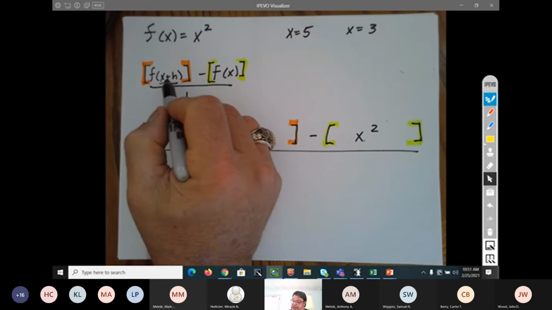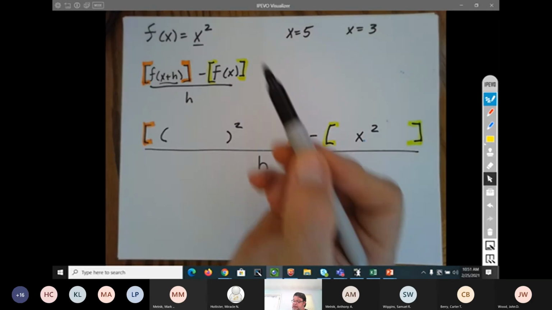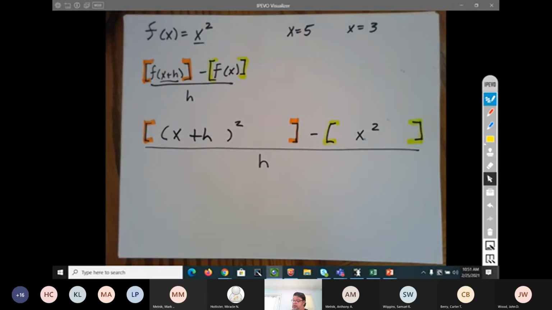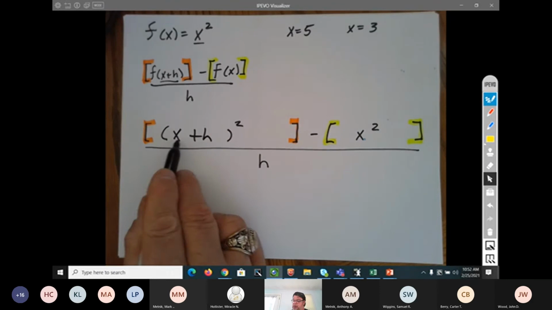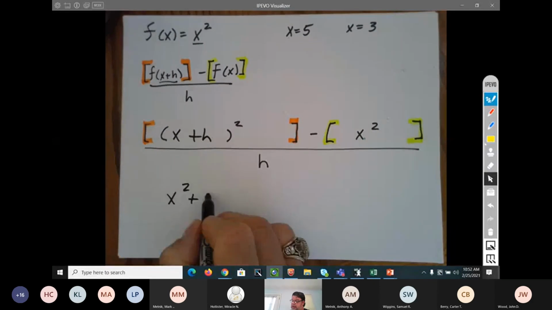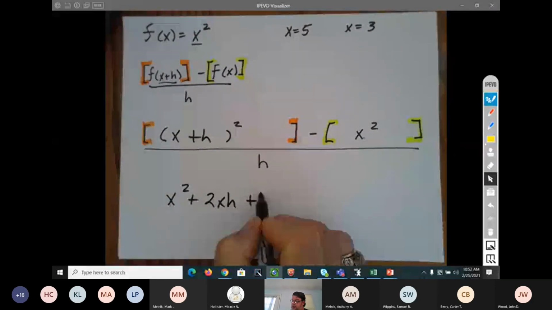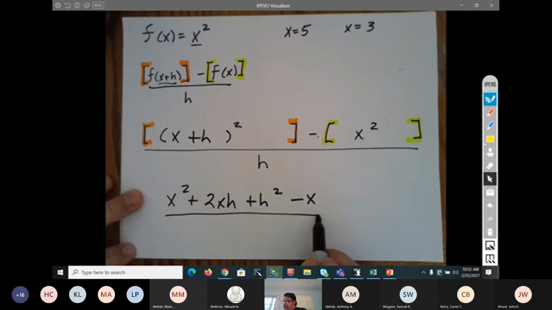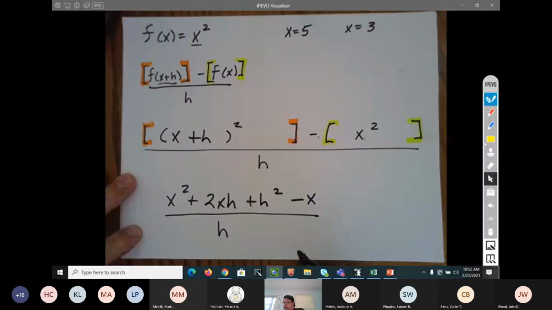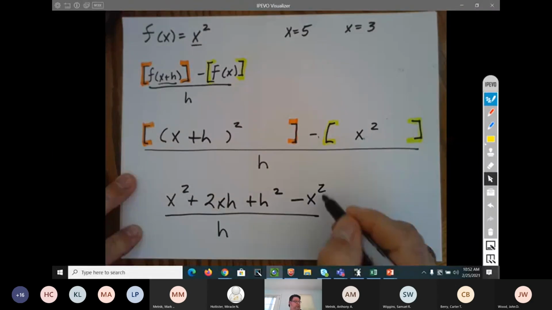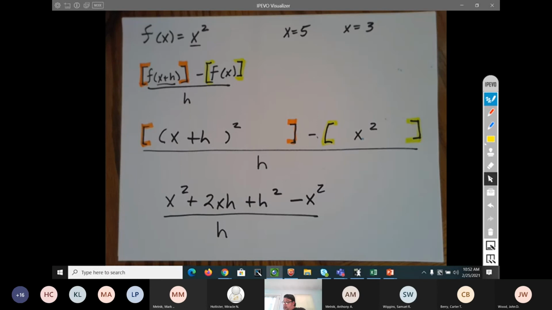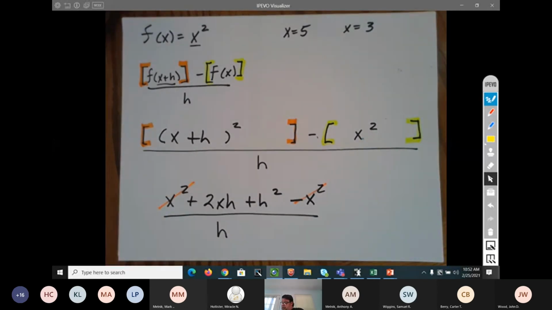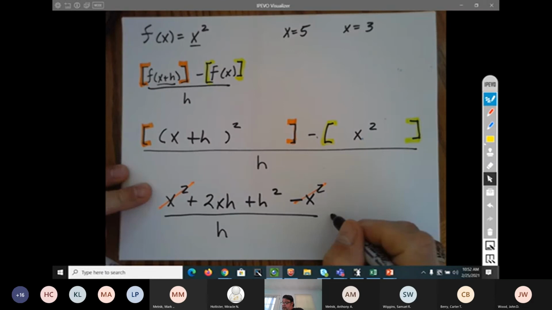So I'm going to plug that x plus h into this x, and that gives me x plus h quantity squared. That's going to give me shortcut number 1, which is x squared plus 2xh plus h squared minus x squared over h. And the x squareds cancel. That leaves you with 2x plus h.